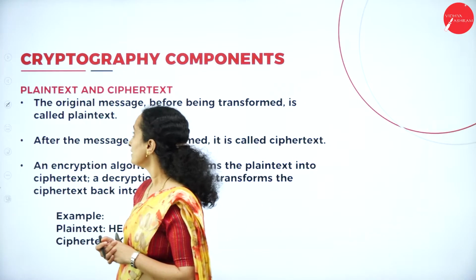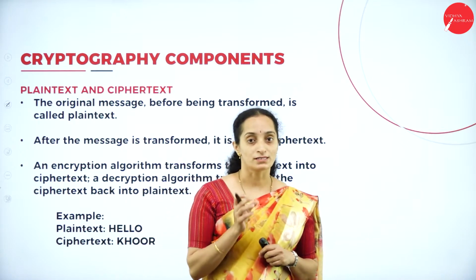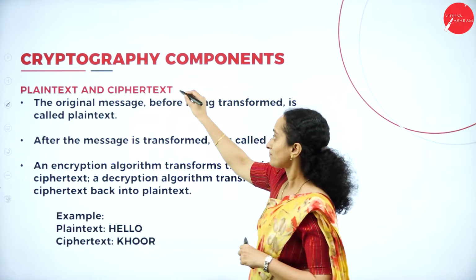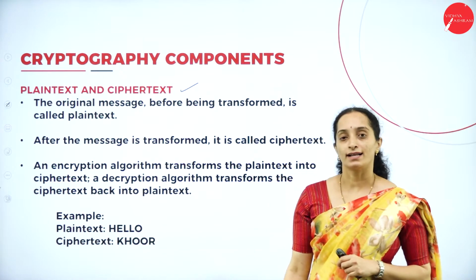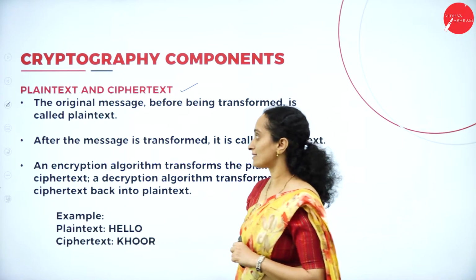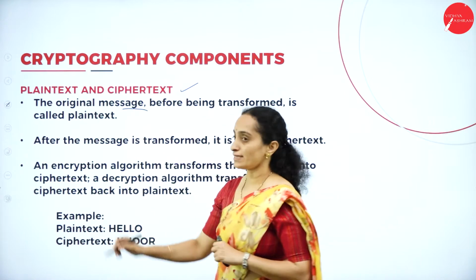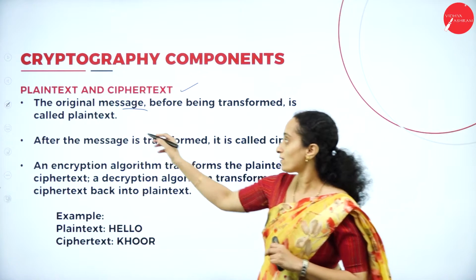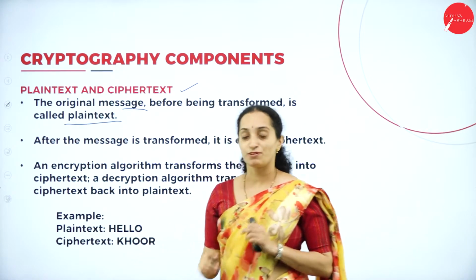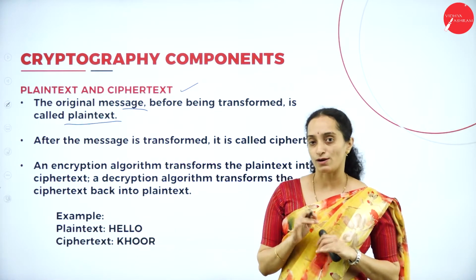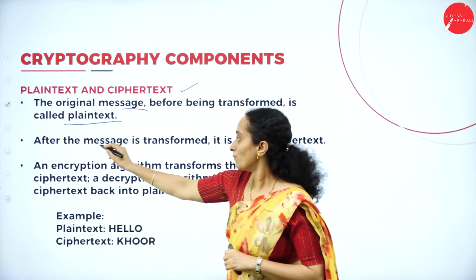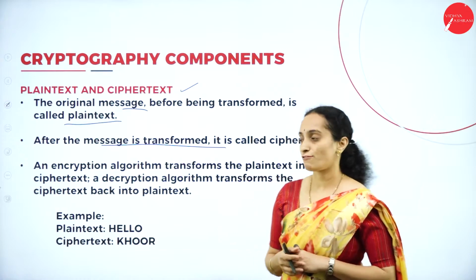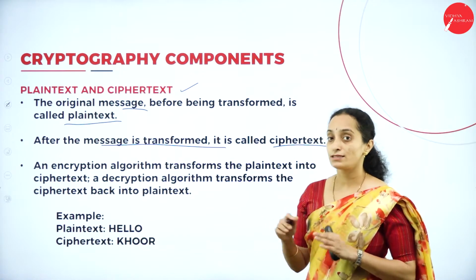Next, you need the components. What are the components of cryptography? One is the plain text, another is the ciphertext. Okay. The original message before it gets transformed is called the plain text. Once the message is transformed, changed from the original form, it is called the ciphertext.